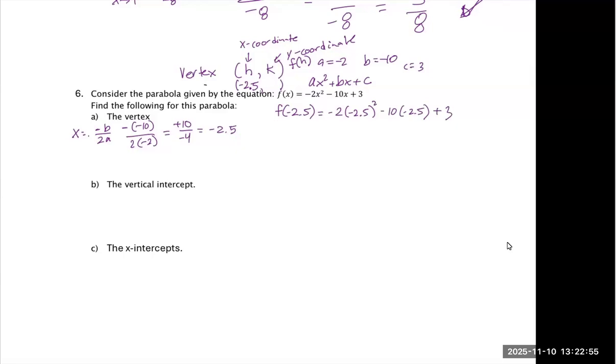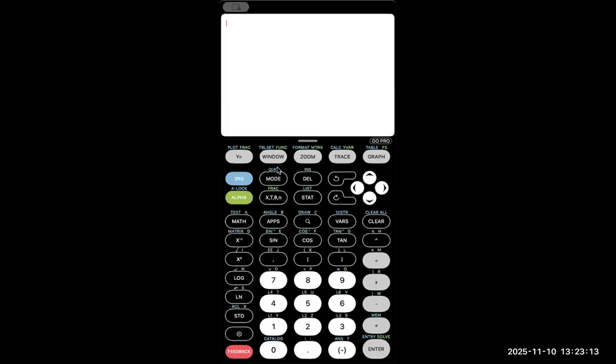You may be able to enter this into your calculator in one fell swoop. I'm going to try to do so right now. So here's a calculator, and I'm going to use the negative sign here because I am putting a -2 in. And I multiply that by, in parentheses, -2.5 squared.